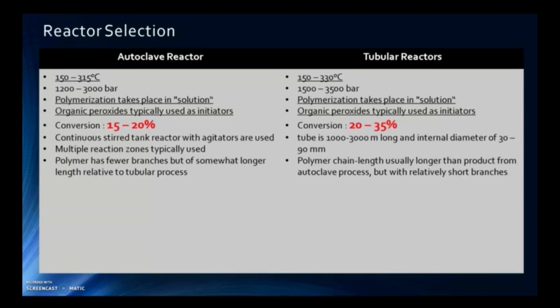The conversion of ethylene to polyethylene in the autoclave reactor is 15 to 20% and in tubular is 20 to 35%. That's why we prefer the tubular reactor to the autoclave, because of its higher conversion rate.